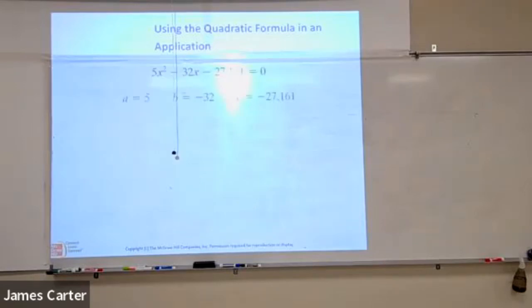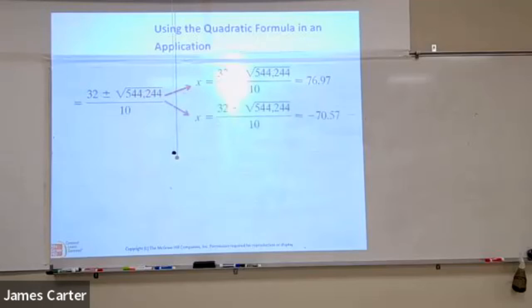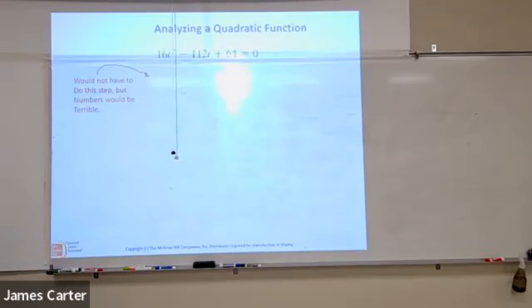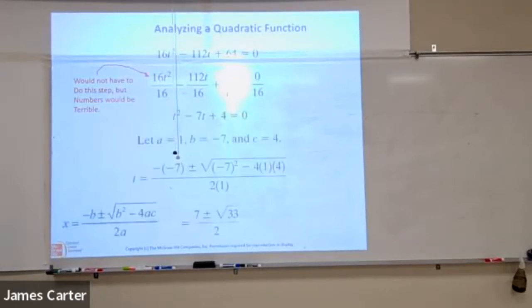Well, let me skip through some of these applications. Anytime you see 32c squared or 16t squared, you're talking about gravity. Here's another one: you shoot a rocket into the sky, it lands, I don't know where.